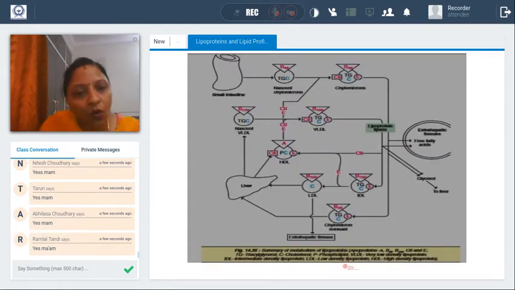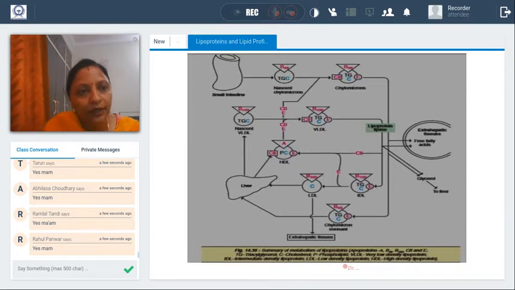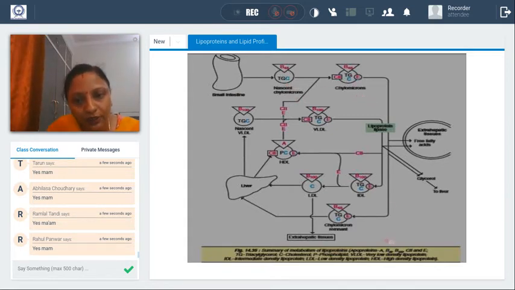This is the whole metabolism of lipoproteins, including LDL, chylomicron, SDL, and VLDL. You can see here, this is small intestine, this is nascent chylomicron, then this chylomicron remnant goes to liver.